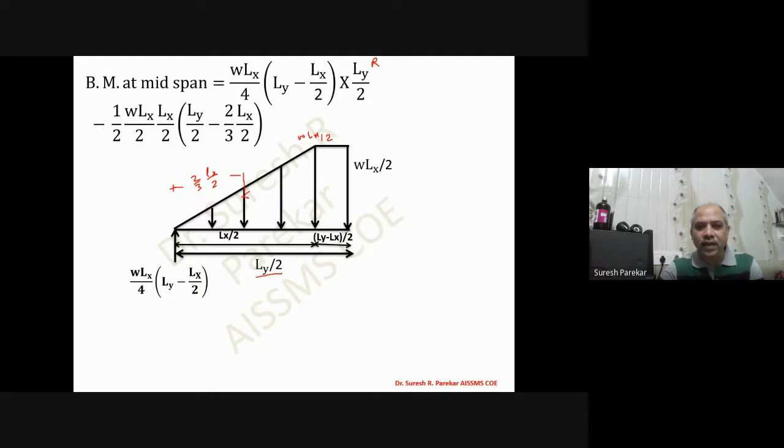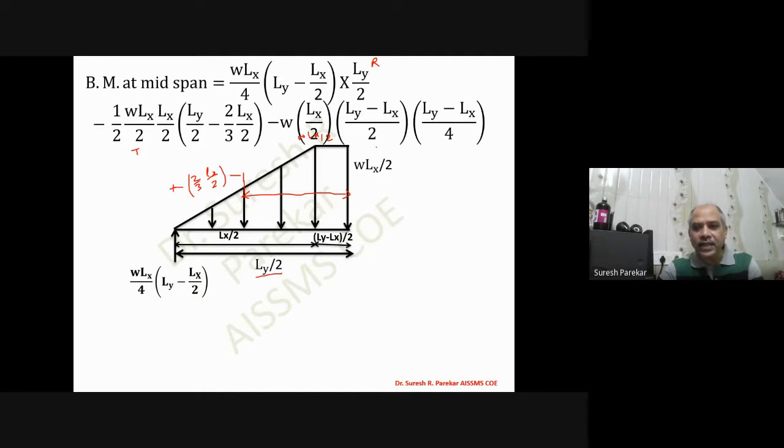So we calculate this value as Lx by 2 minus Ly by 2 minus 2/3 of Lx by 2. So this is due to the triangle, and then due to the rectangle, minus W into Lx by 2, into this distance Ly minus Lx by 2, into the centroid, which will be Ly minus Lx by 4.